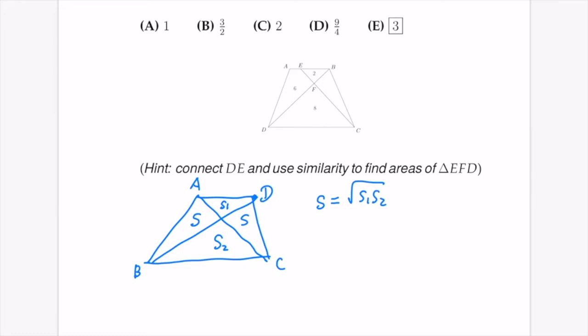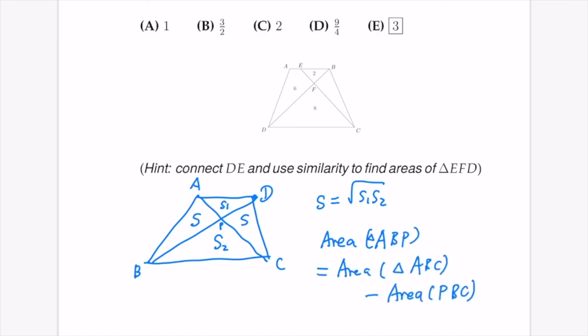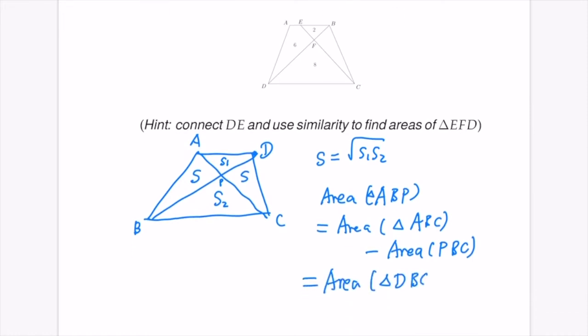And if we subtract S2 from both of them, suppose this is P, we would get the area of triangle ABP equal to the area of triangle ABC minus the area of triangle PBC. That would be equal to the area of triangle DBC minus the area of triangle PBC, which equals the area of triangle PDC.